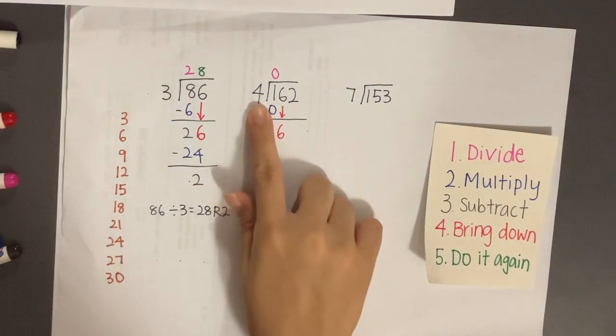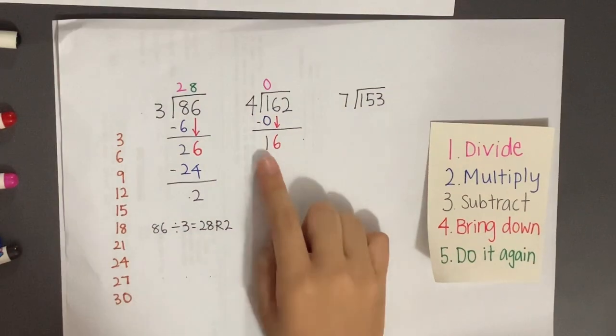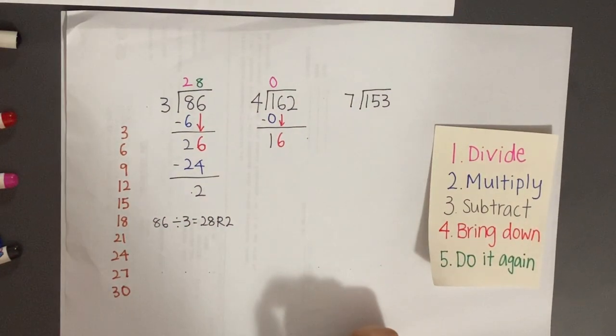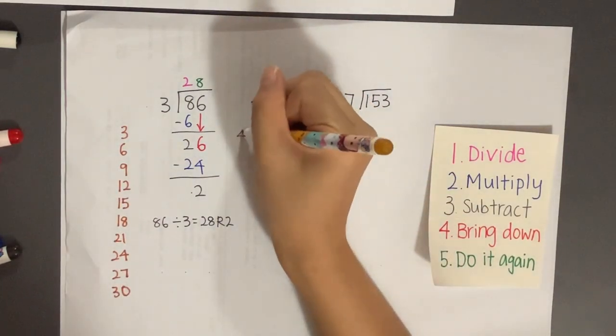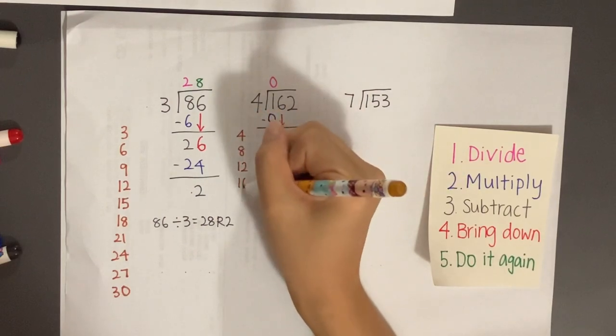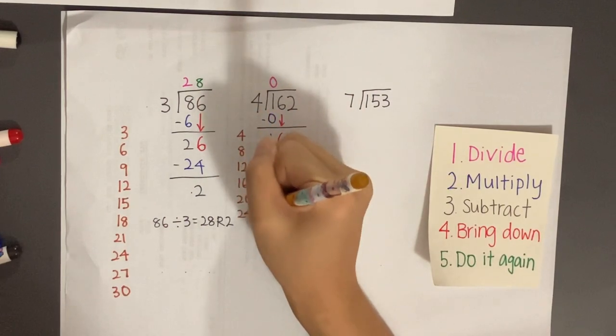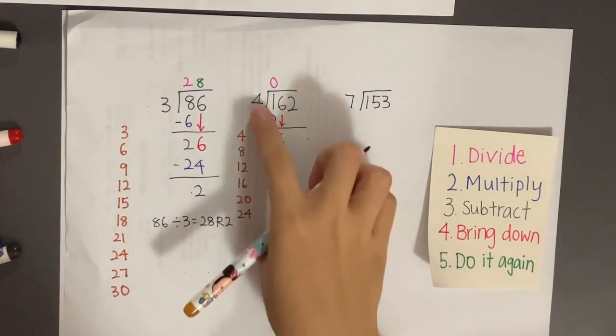16 divided by 4 is... I'm not too sure if 16 can be divided by 4. So let's list out my multiplication tables of 4. Oh look! 16 is here, which means 16 can be divided by 4.